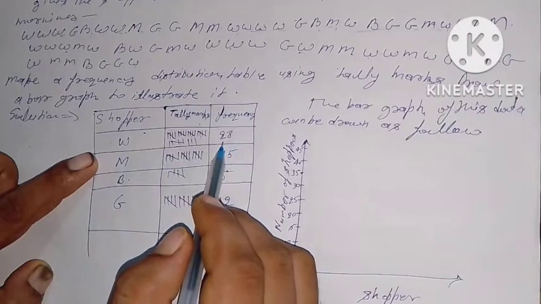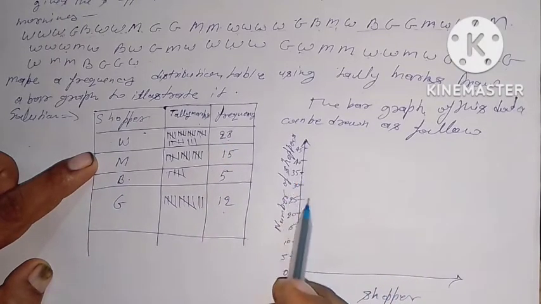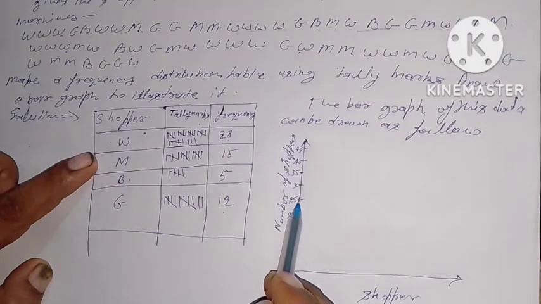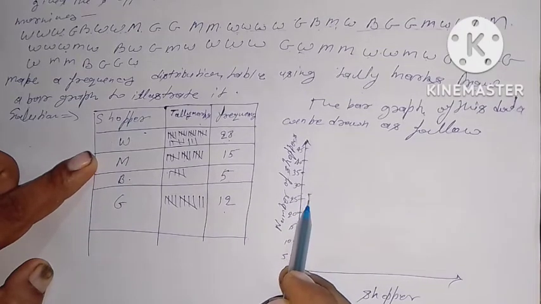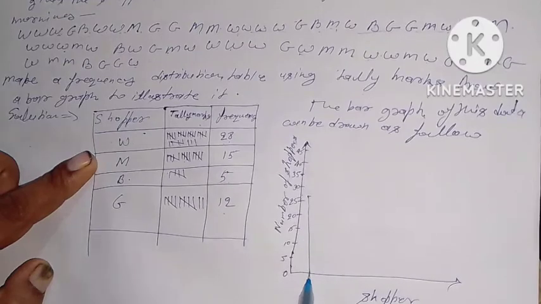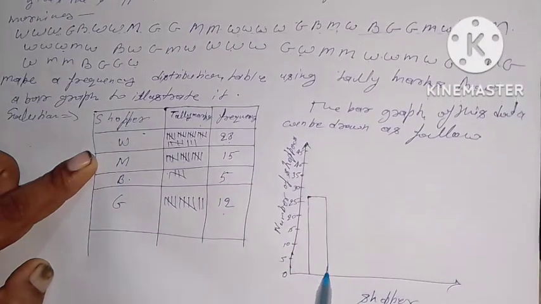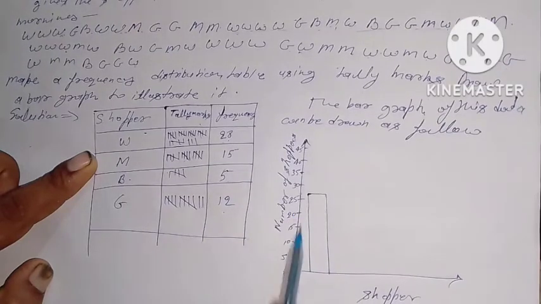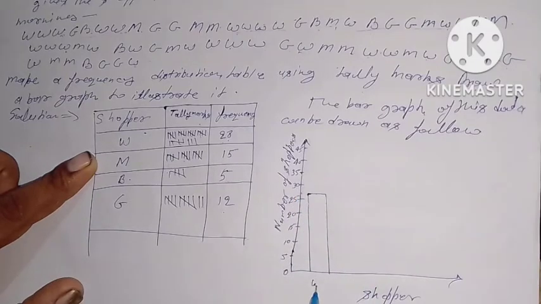How many times? 28. So the bar goes up to 28. This is the women's data.